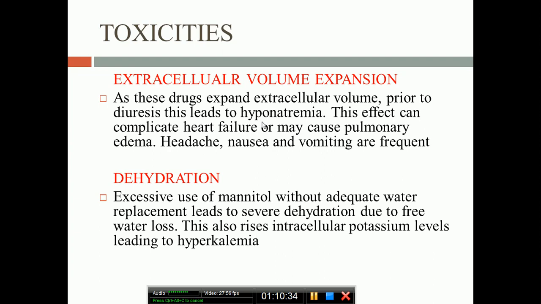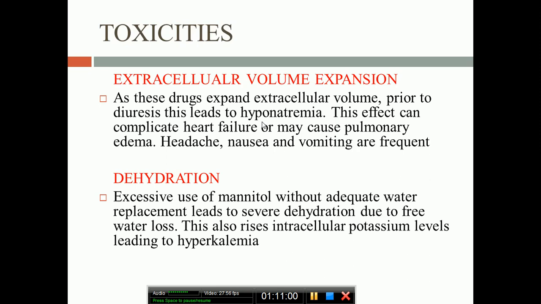If that person is having the same sodium level but greater volume, or the volume has been expanded to 5.5 or 6 liters while the sodium remains the same, this will cause dilution of the sodium. So this will become hyponatremia.